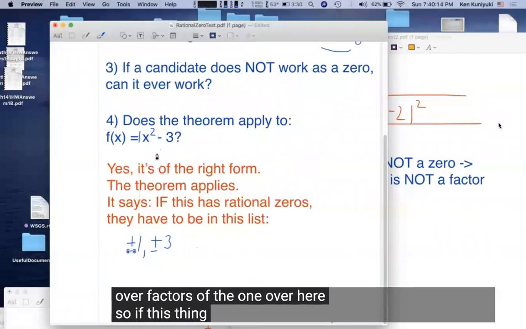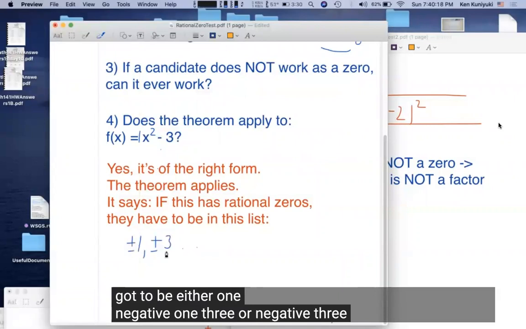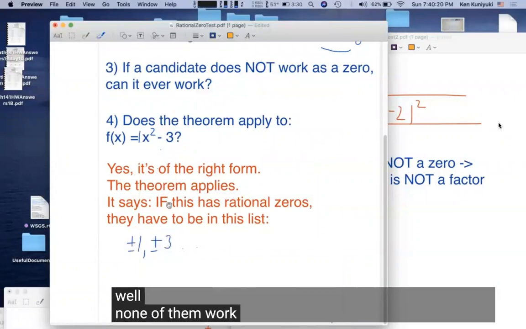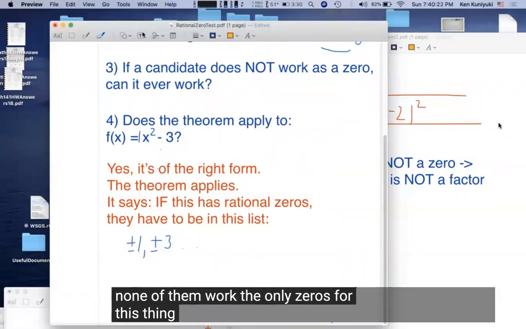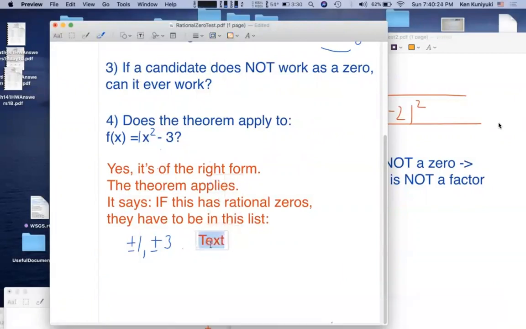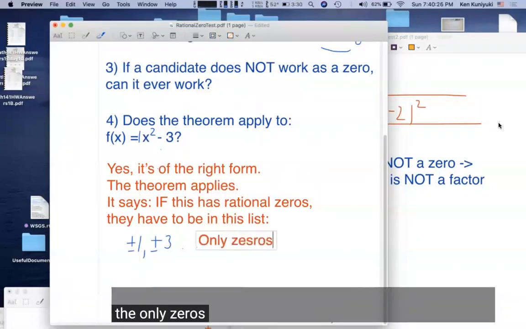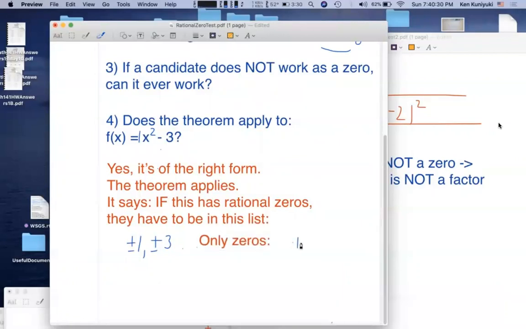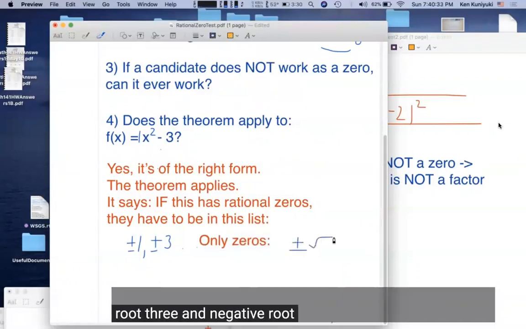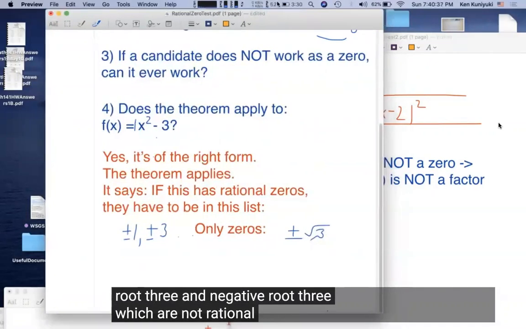So if this thing has rational zeros, it's got to be either 1, -1, 3, or -3. Well, none of them work. The only zeros for f are √3 and -√3, which are not rational.